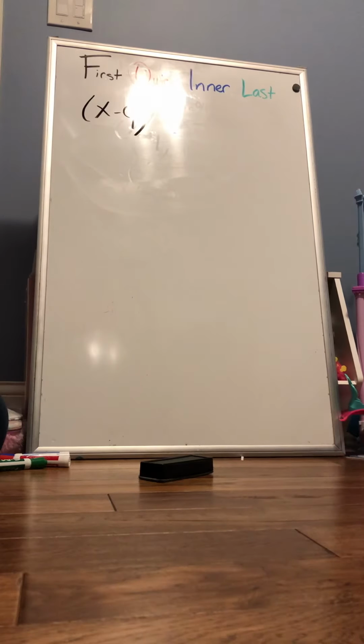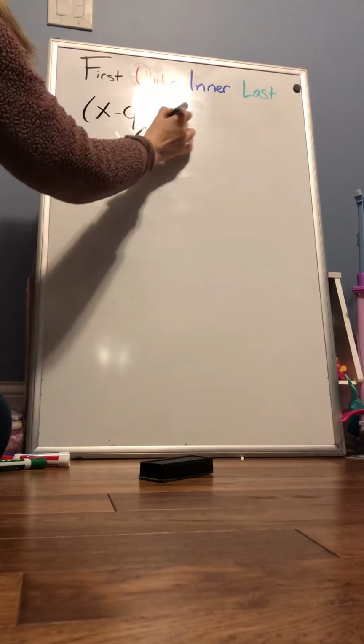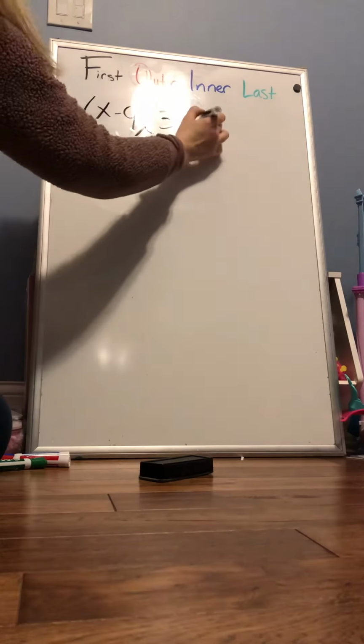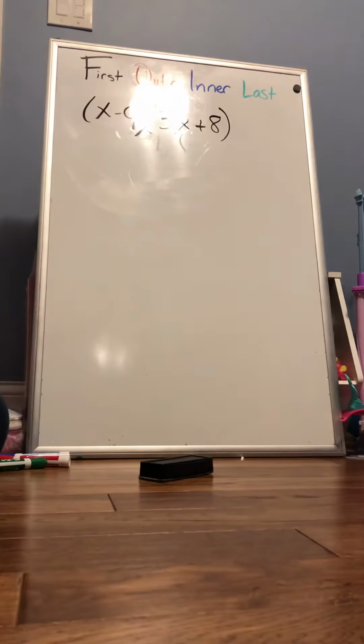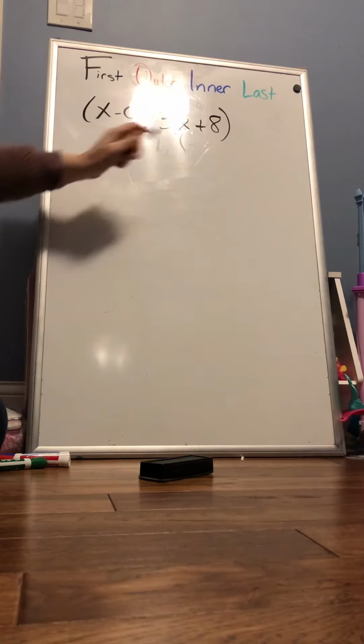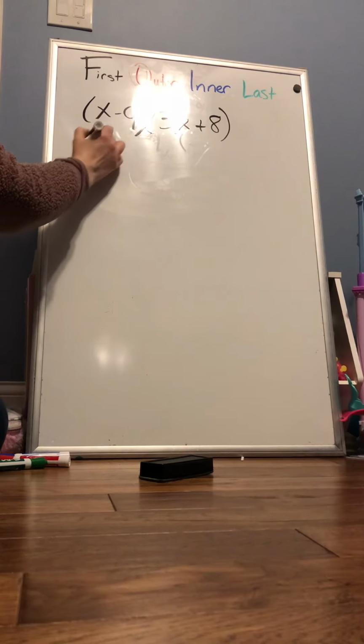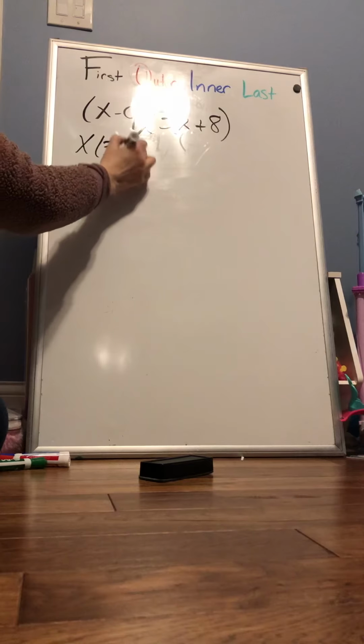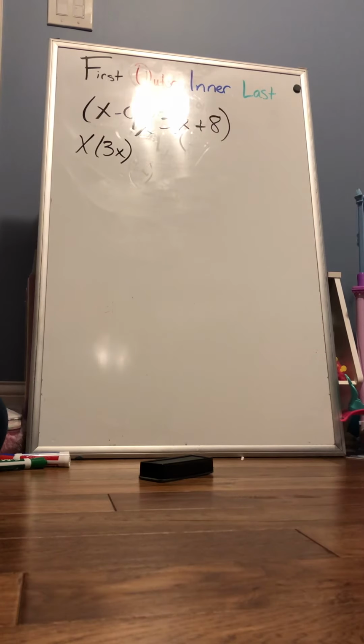x minus 9 times the quantity of 3x plus 8. So my first terms are the first terms in the two binomials, which is x and 3x. So we have x times 3x. Also, don't do this in your head.